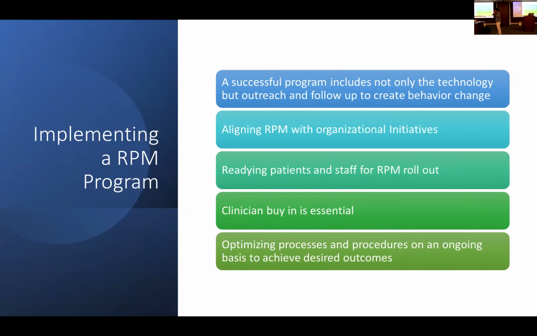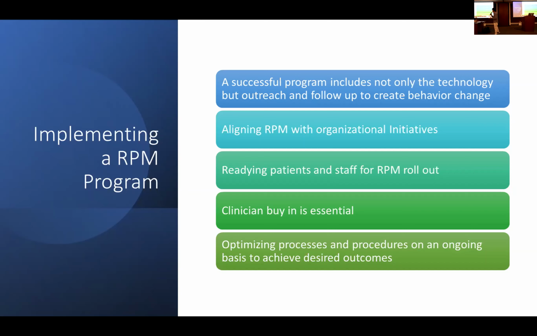As I said before, a successful RPM program is going to include not only the technology, but also the outreach and the follow-up. Because what you really want to do is create that behavior change. Empower that patient based on the data to make decisions in their lives, and actually get them from a point of uncontrolled, in this case hypertension, to controlled hypertension.